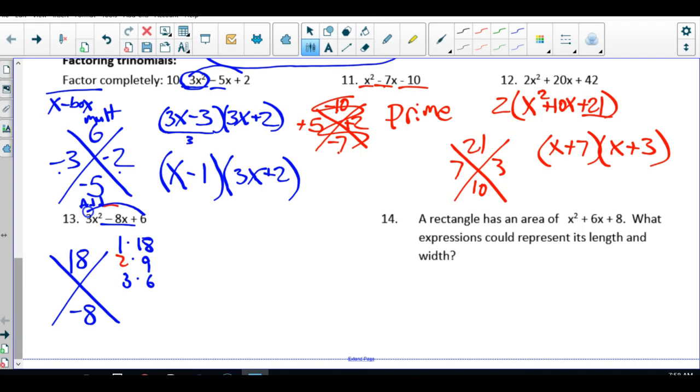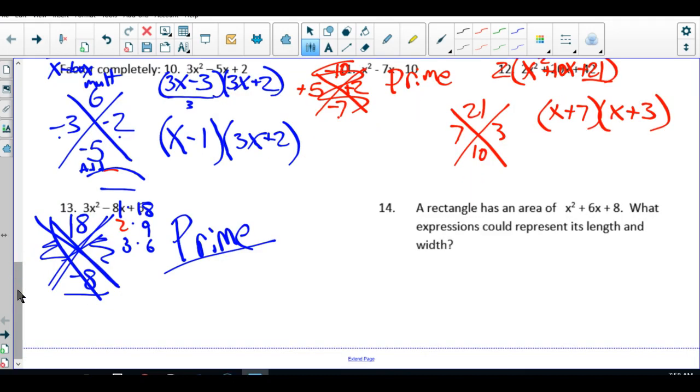None of those can add to give me negative 8. So nothing can go in there. This is another prime one. So, non-factorable.